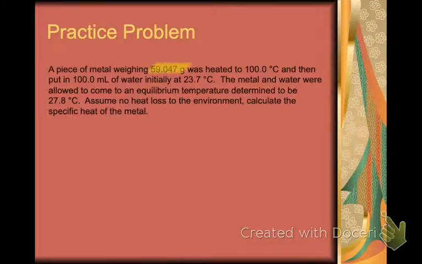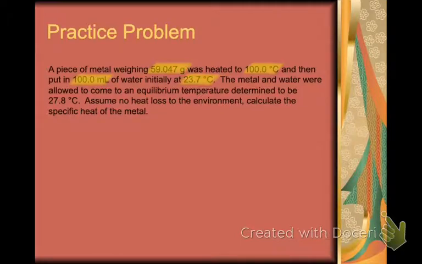That's going to be important because we know we need the mass in our calculation. It was heated to 100 degrees C, and then it was put in 100 mils of water. We know 100 mils of water equals 100 grams of water because the density of water is 1. I showed you that math on the last slide. And the initial temperature of water is 23.7 degrees C. The metal and water are allowed to come to equilibrium.